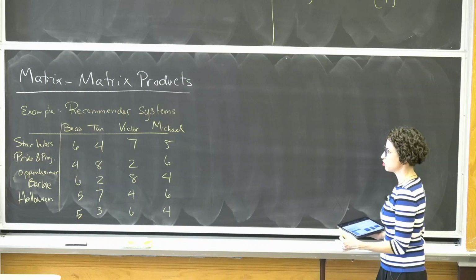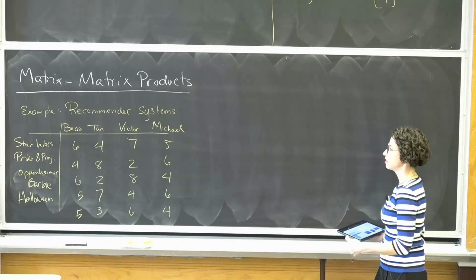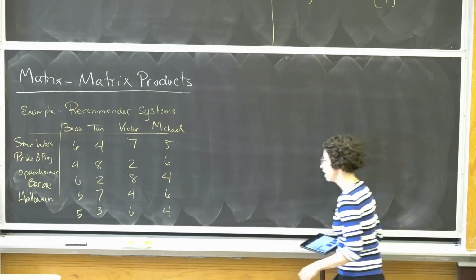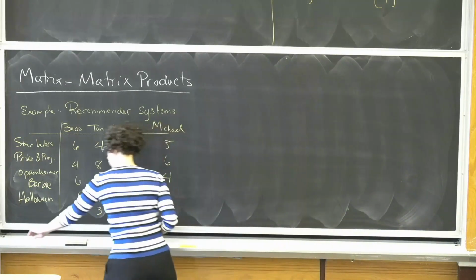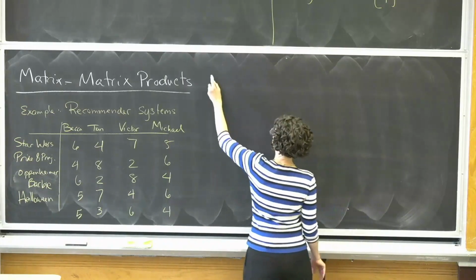And so for the moment, just to understand a little bit about matrix products, let's assume we've got this entire matrix. And what we're going to do is write it as the product of two matrices.